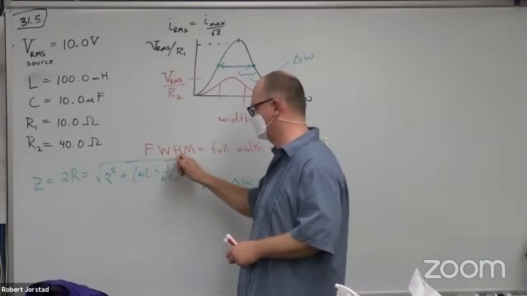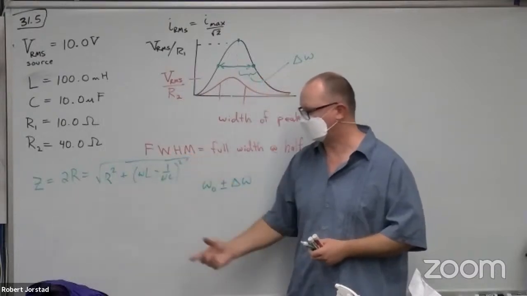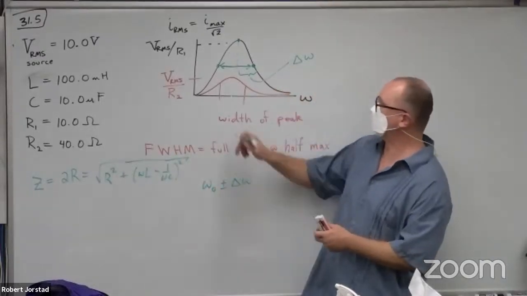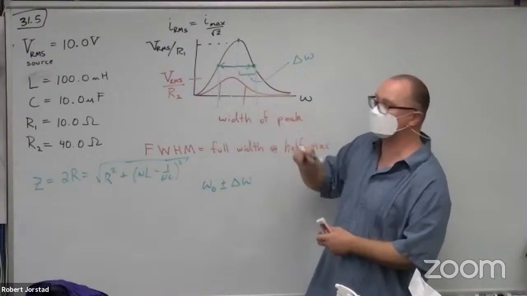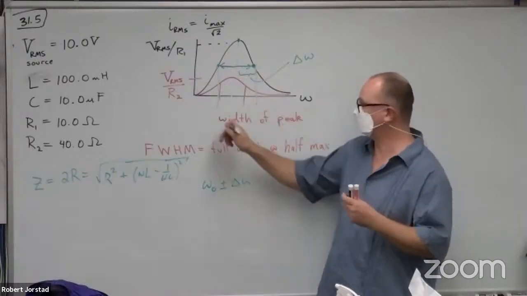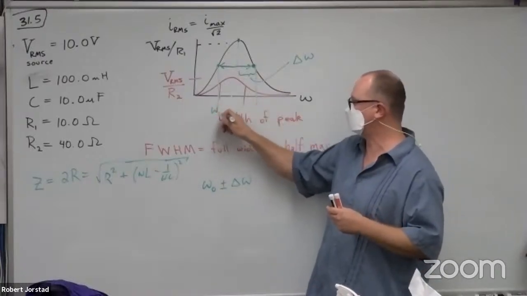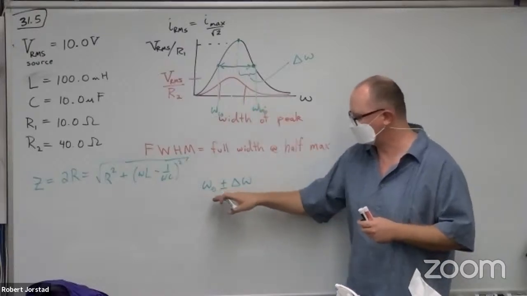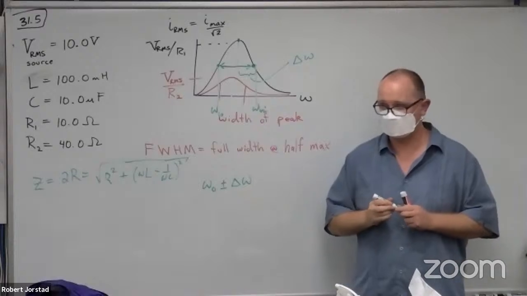You see that? Couldn't you take this ugly equation and solve for omega? That would give you these values right here and right here. You could solve for these special values of omega low and omega high that give you these delta omegas.